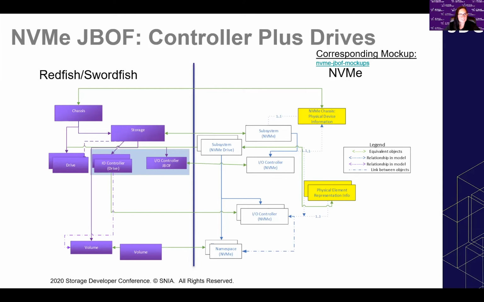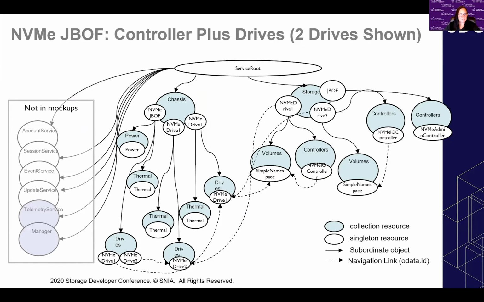So what this basically does is says, I have the controller for the JBOF, and then I have these controllers, these elements, that are the ones for the drives. And so when you get the aggregate view, here is the same view of the JBOF with all of the various pieces in here.